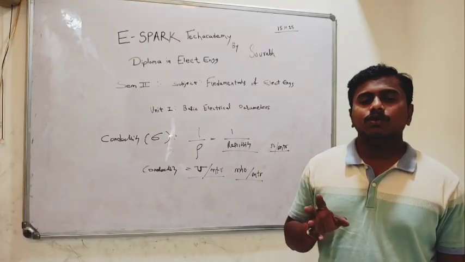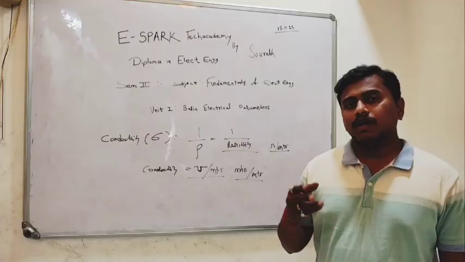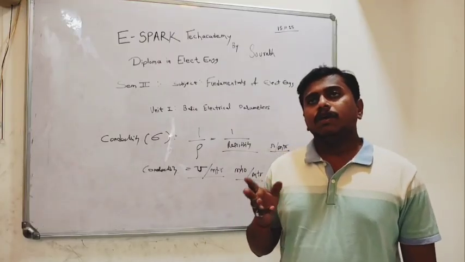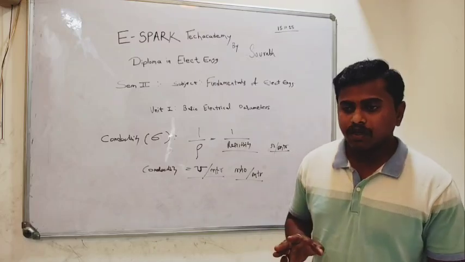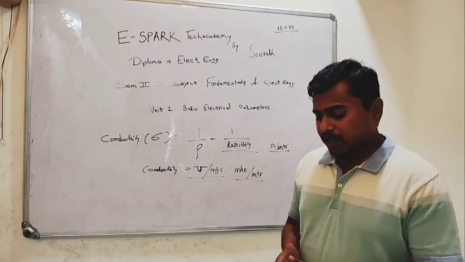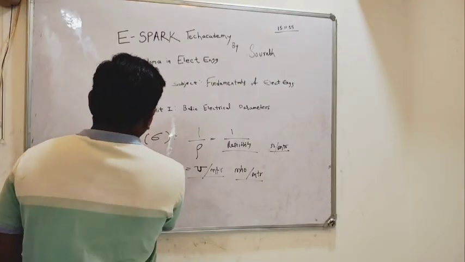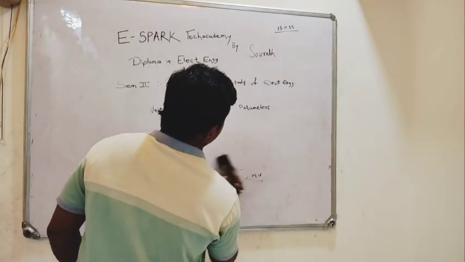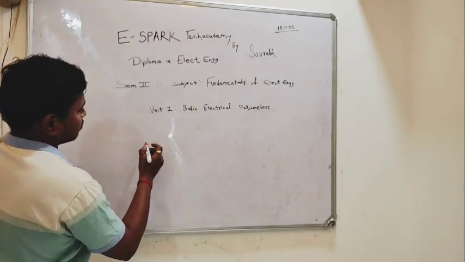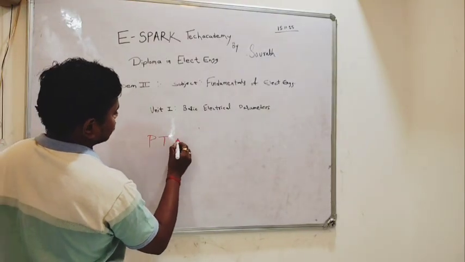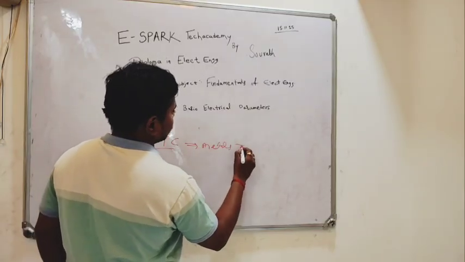That's why you should know which elements you are using practically, because there are positive temperature coefficient and negative temperature coefficient materials. Each and every metal has the property of positive temperature coefficient.